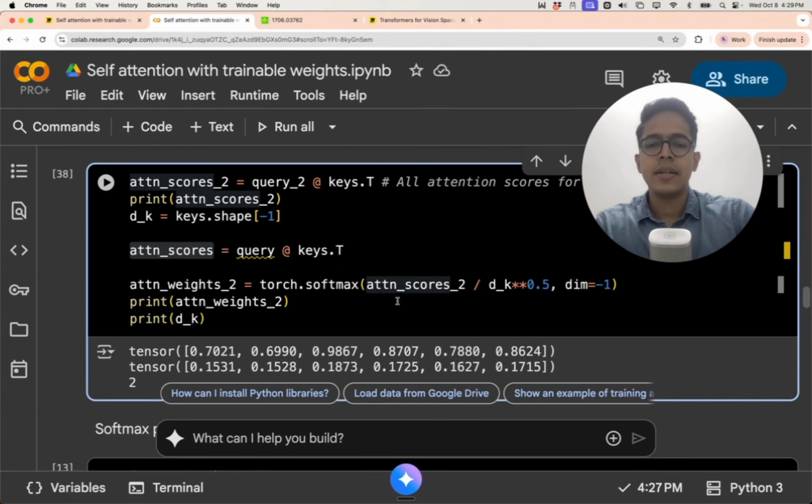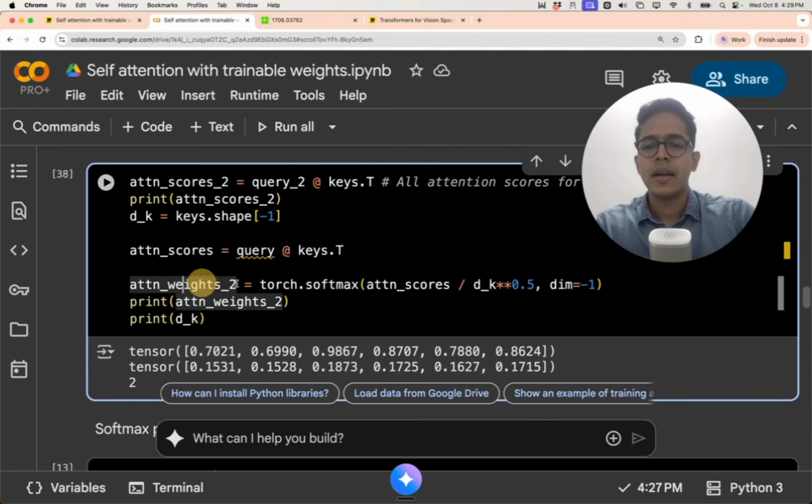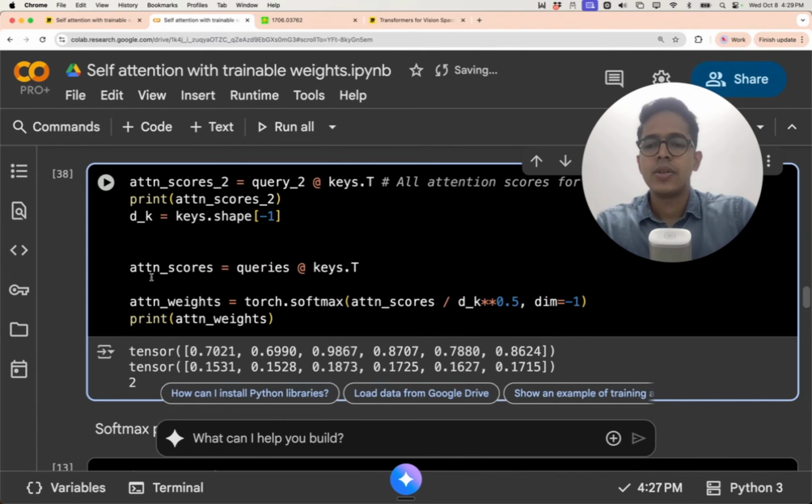And then here I should use attention scores and divide by square root of dimension and call this attention weights, and then print attention weights. This I can delete. If I do something like this is queries, then I should have attention weights.